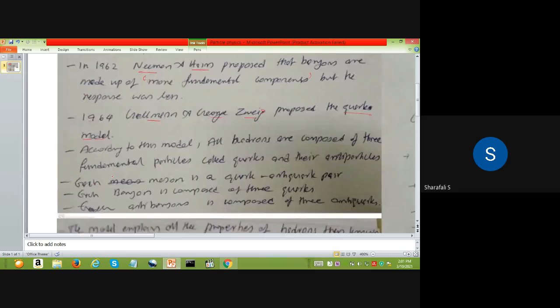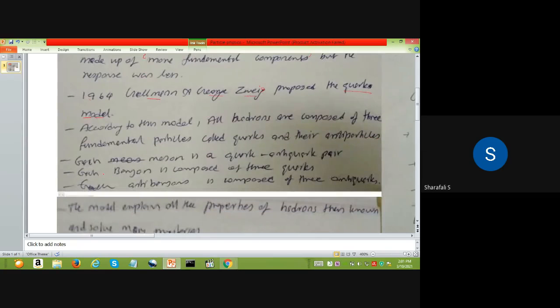So what is this quark model? According to this model, all hadrons are composed of three fundamental particles called quarks and their antiparticles. This is the fundamental postulate of this theory, the quark model.